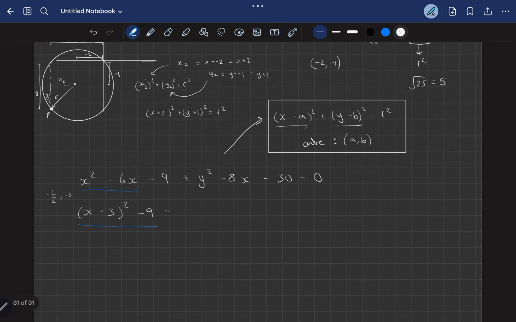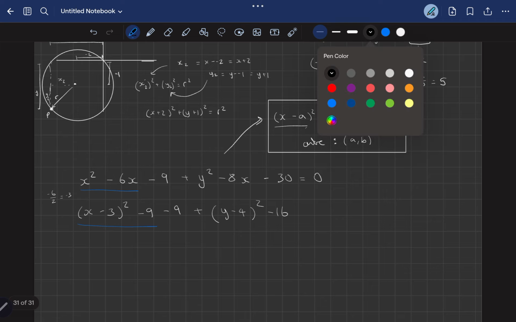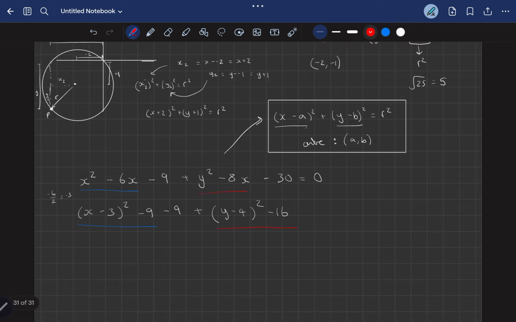And it's the minus 9. I'm going to do the same thing here, and we just get y minus 4 squared, this is plus 16, so I want to minus the 16. Now, this part is equal to this part, minus 30 is equal to 0.